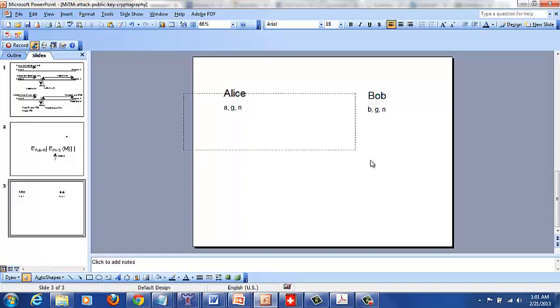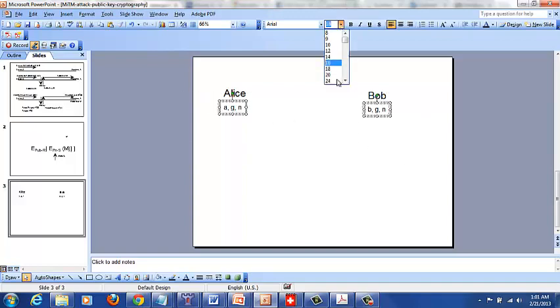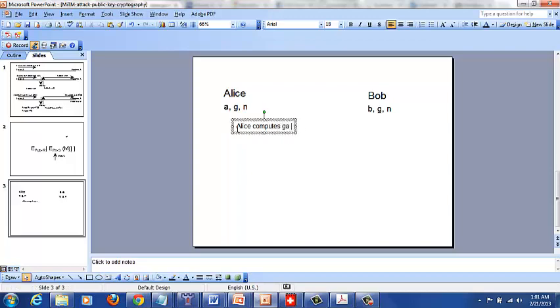So now what happens is Alice computes g raised to a mod n. So this is g raised to a.